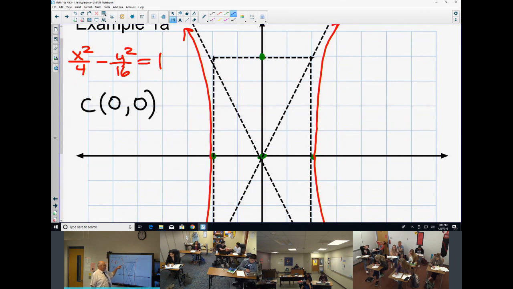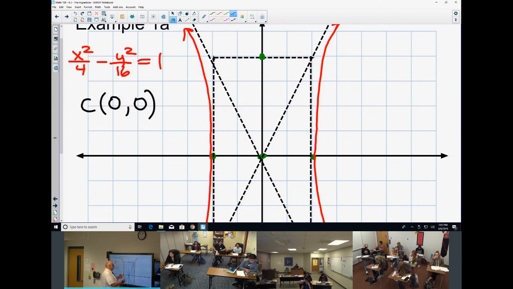And then we draw the diagonals of the box. These are going to be what we call the asymptotes of the hyperbola. The box and the asymptotes, I draw with a dotted line because they're not the hyperbola. But it's most of the work to get the hyperbola.